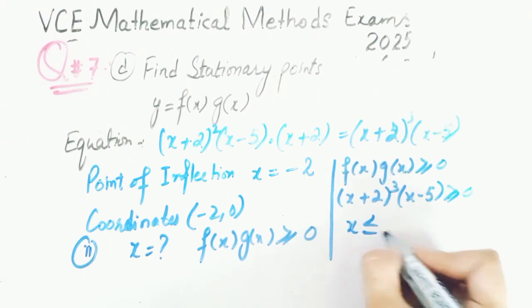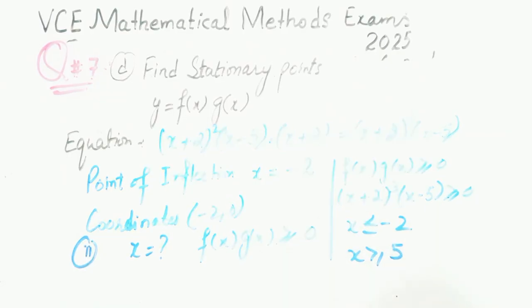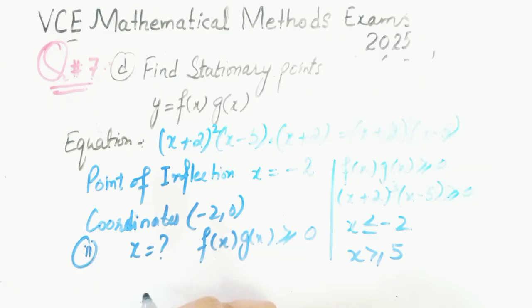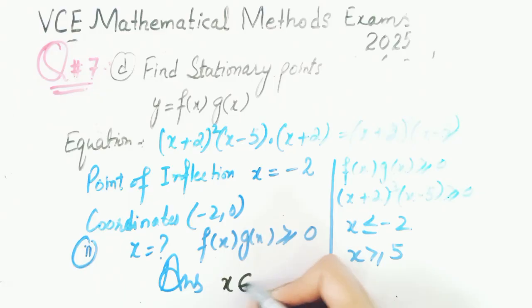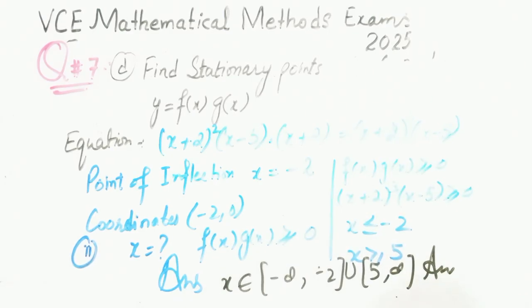So x is less than or equal to -2 and x is greater than or equal to 5. So these are the values. Now we will write the final answer here. Answer is x belongs to minus infinity to -2, and 5 to infinity. So this is the final answer.